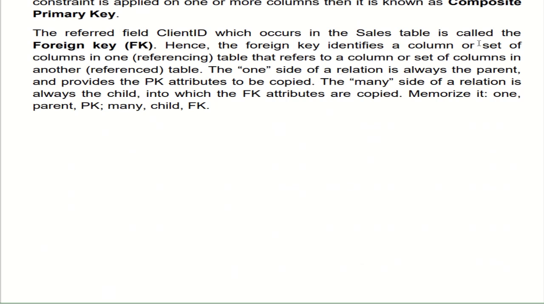Now what is a foreign key? A foreign key identifies a column or set of columns in one referencing table. Means there are two tables. Okay students, there are two tables. The first one is A and the second one is B. In the foreign key, the first rule is that one column should be the same in both tables. And the second rule follows what?